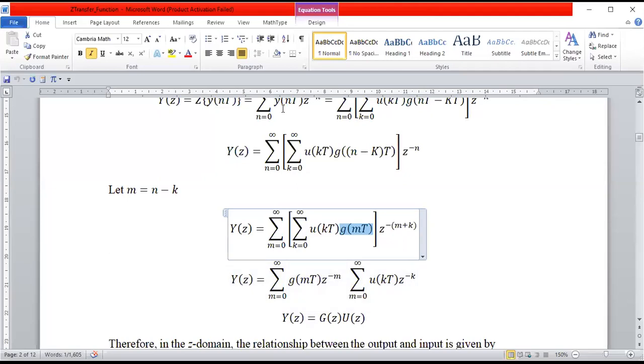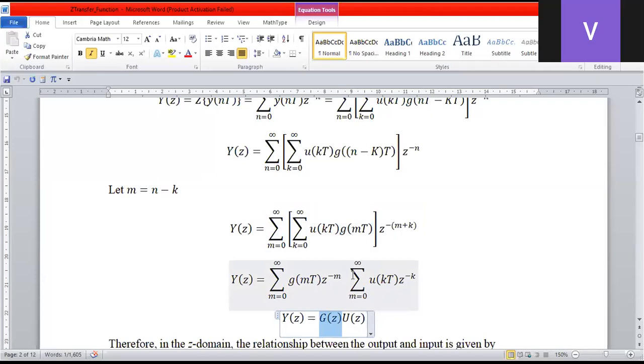Then if you observe these two summations, you're going to see that this summation is equal to the G of Z. That's the Z transform of G, while this is equal to the Z transform of U of KT.